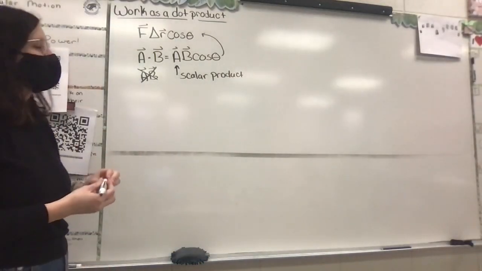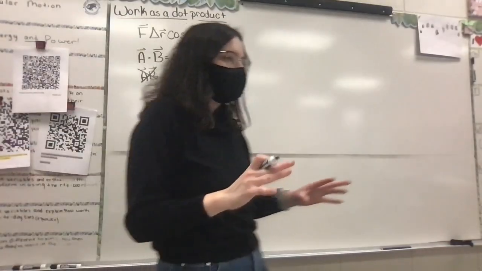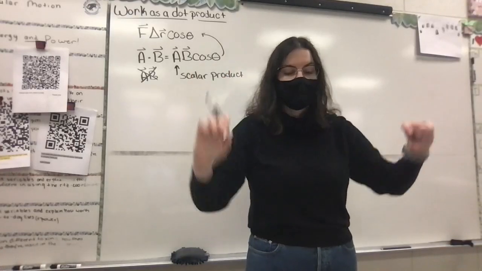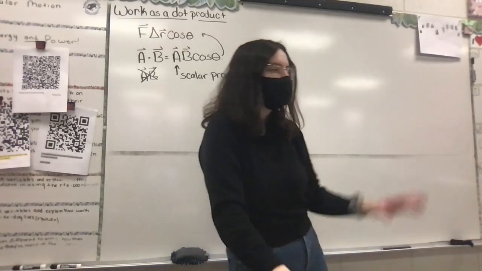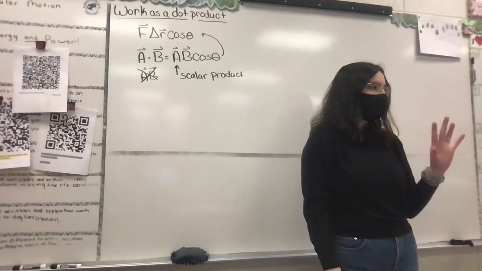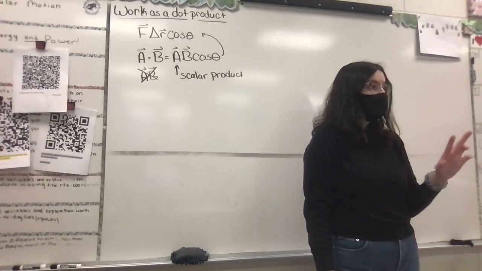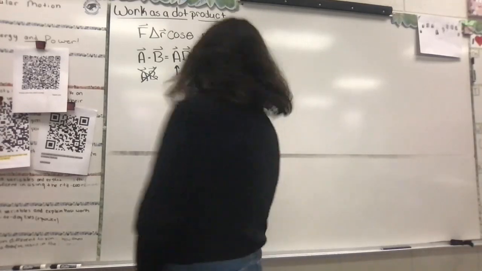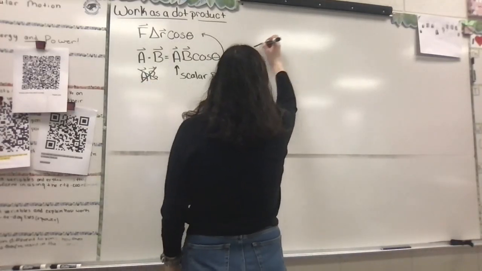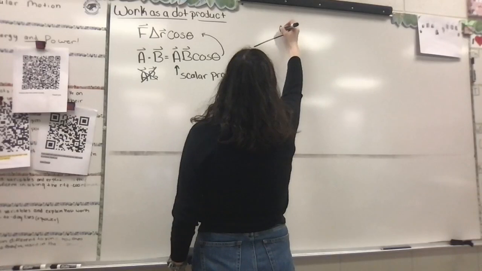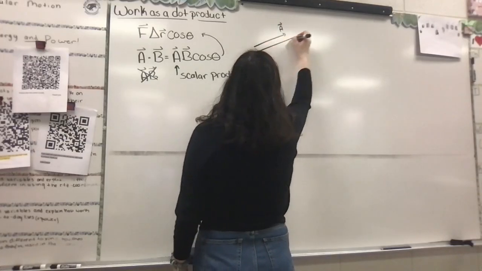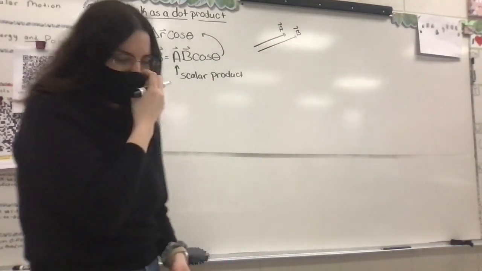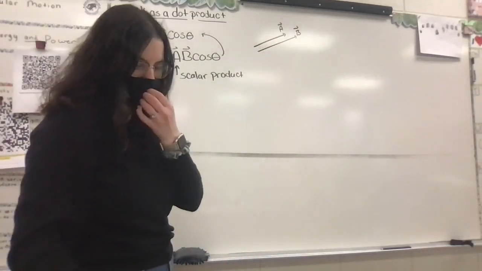So what the dot product is going to depend on is the orientation of the two vectors that you're focusing on. So there's technically 5 different cases of dot product that we're going to have, and 3 of them are considered special cases. One of our first cases would be if vector A and vector B are parallel to each other like this, pointing in the same direction.